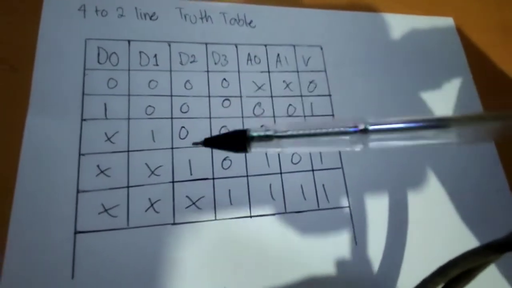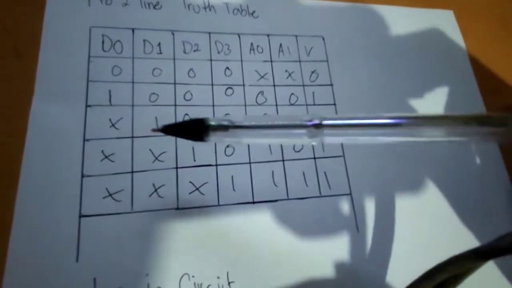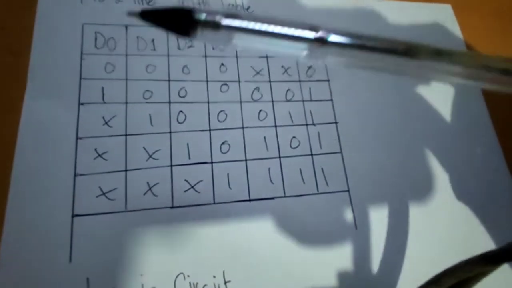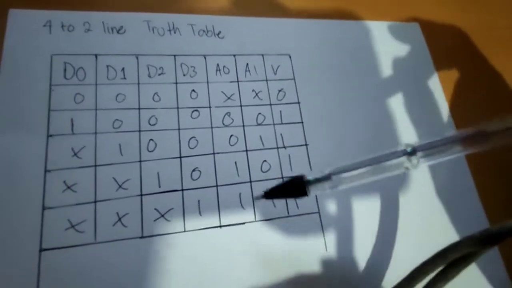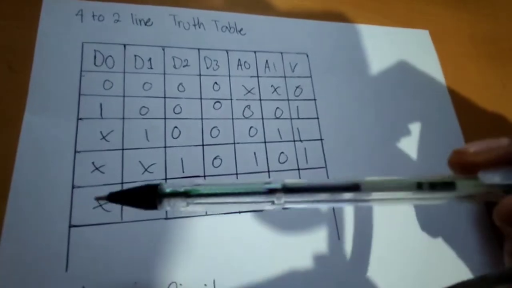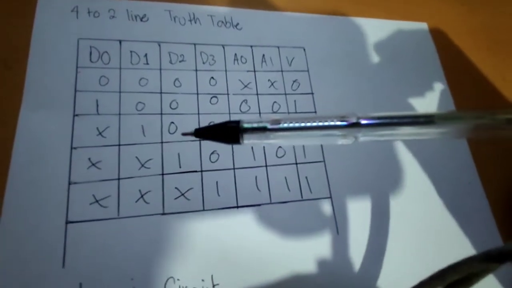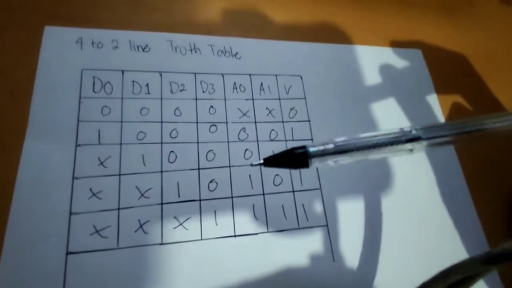And D2 as follows: if D2 is 1, D0 and D1 are X because they are less priority, and so on. So D3 is 1, then the rest are X or less priority bits.